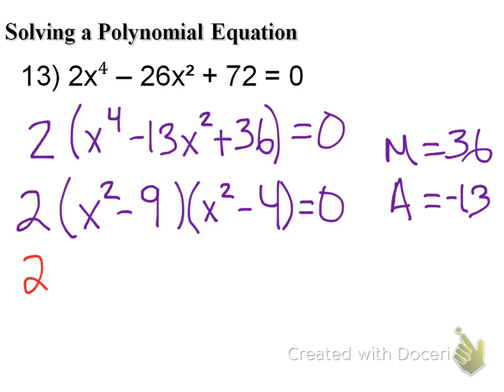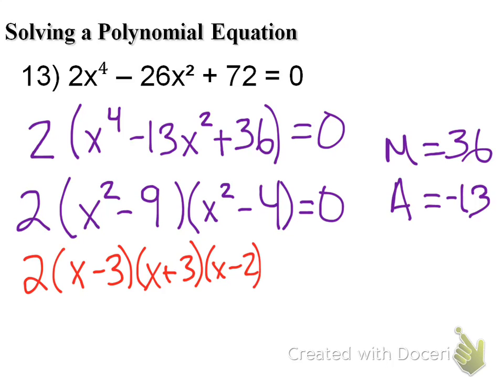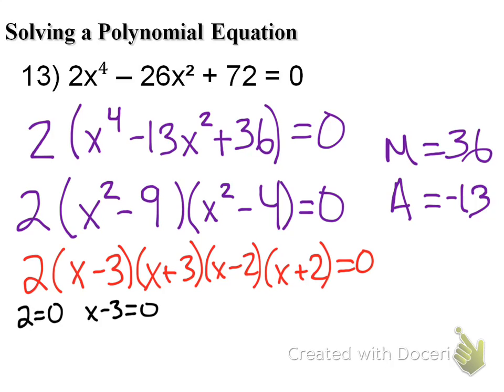They're both difference of two squares, so we can actually make this 2, x minus 3, x plus 3, x minus 2, x plus 2 equals 0. Now you set each factor equal to 0, so 2 equals 0, x minus 3 equals 0, x plus 3 equals 0, x minus 2 equals 0, x plus 2 equals 0.